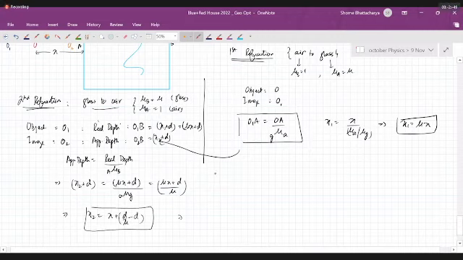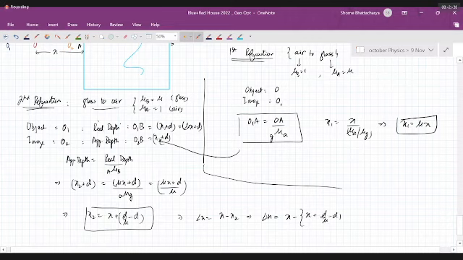So now our lateral shift, this is the proof.